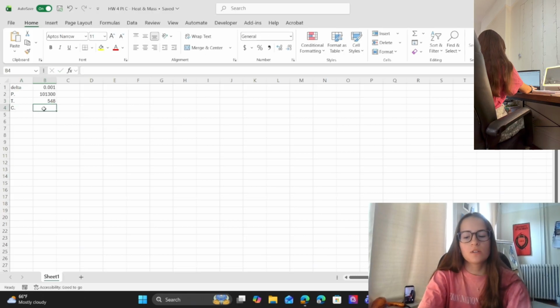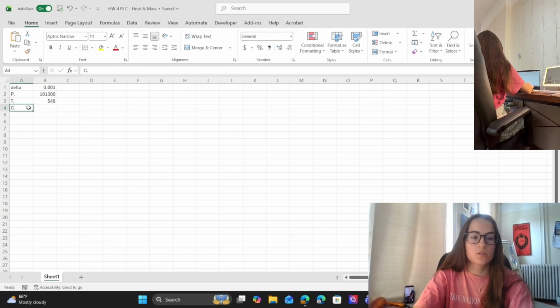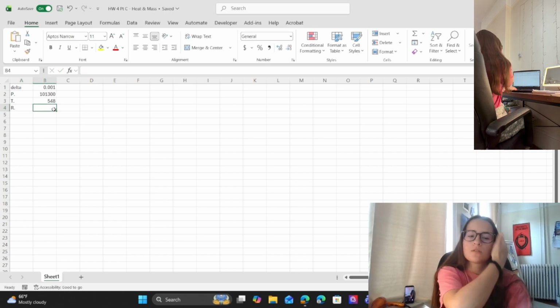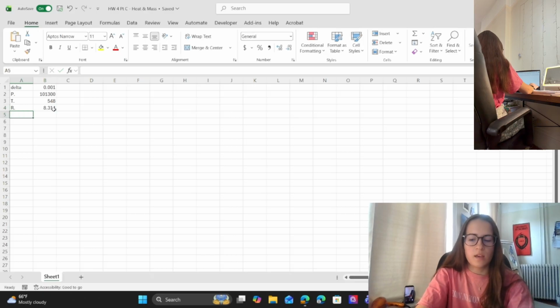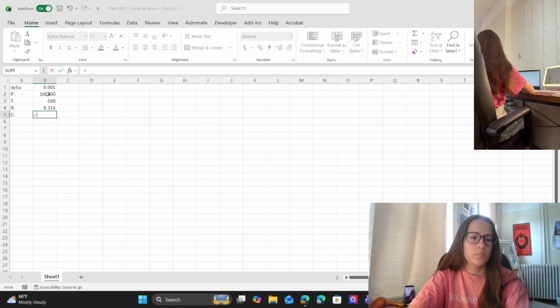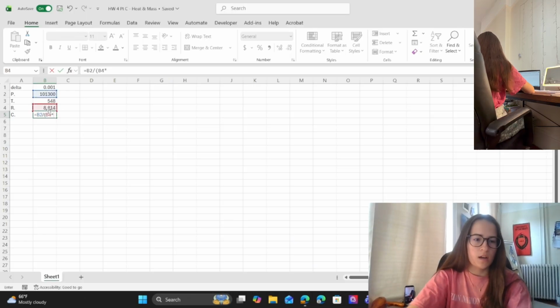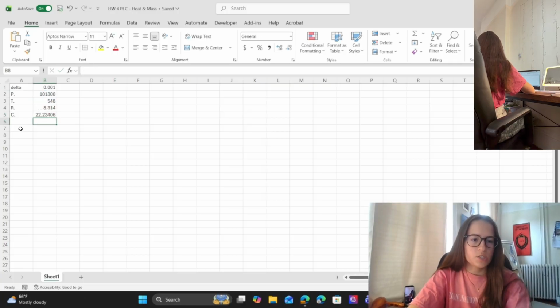Our concentration, we'll recall, is going to be, actually I need to put R in here first, because we need R to solve for our concentration. So R is going to be 8.314. And then our concentration, now we can solve for it. It's P divided by R times T. So there's our concentration here.